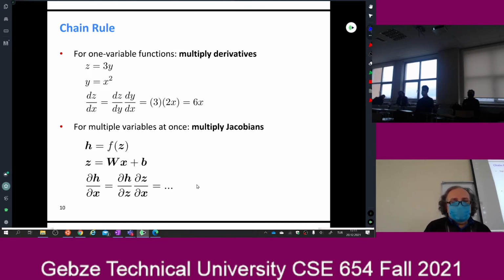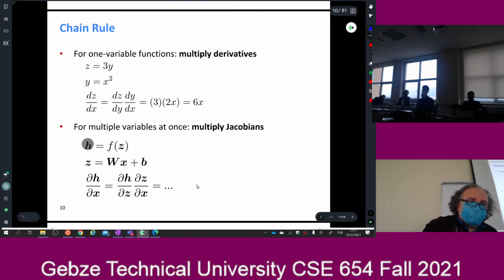Okay, we kept doing that kind of stuff. We gave our input to a matrix, multiplied with the matrix and added the biases, and I get another vector. I give this vector to f and I get this h. So it is very similar, and I can apply the chain rule to this case.